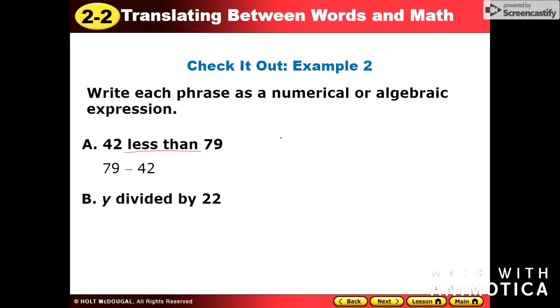So the most common mistake I see students make is they go 42 minus 79. This is incorrect. If it says 42 less than 79, to find your answer, you need to start with 79 and subtract that 42. Okay, so be careful. Order does matter when we're talking about subtraction and division.